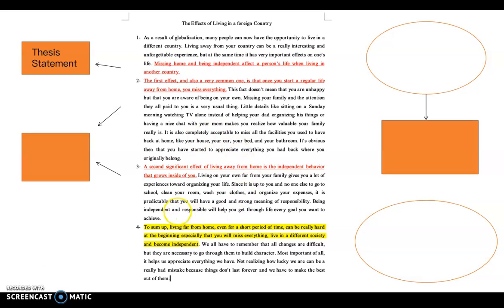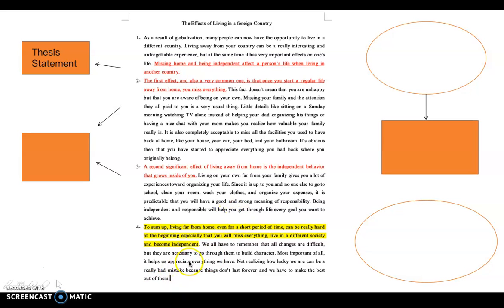And in the second body paragraph, the keyword is being independent, which is gotten from here in the thesis statement. And the author also supported it by examples, since it is up to you and no one else to go to school, clean your room, wash your clothes, and organize your expenses, which means being independent means responsibility. This is how the author used supporting details in order to support the topic sentence.